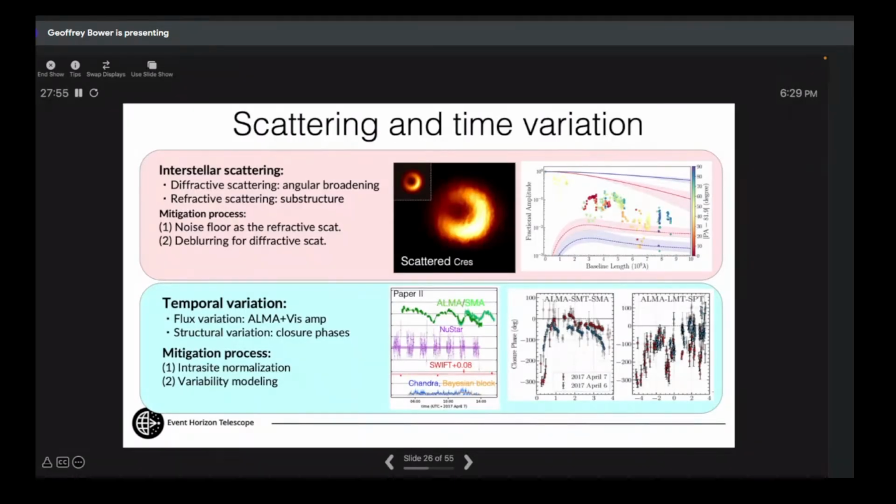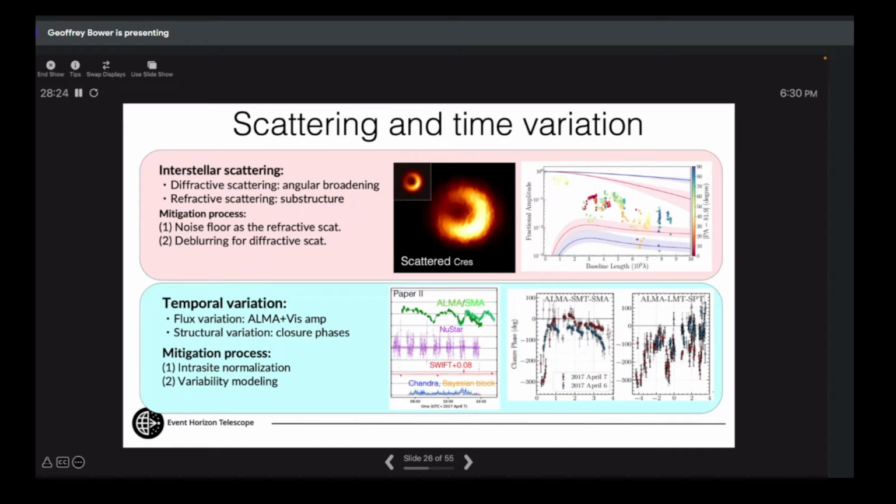So the two key challenges in imaging were dealing with scattering and time variation. Scattering really turned out not to be a significant effect. We explored imaging with and without the methods for compensating for scattering, and we really don't see significant differences there.